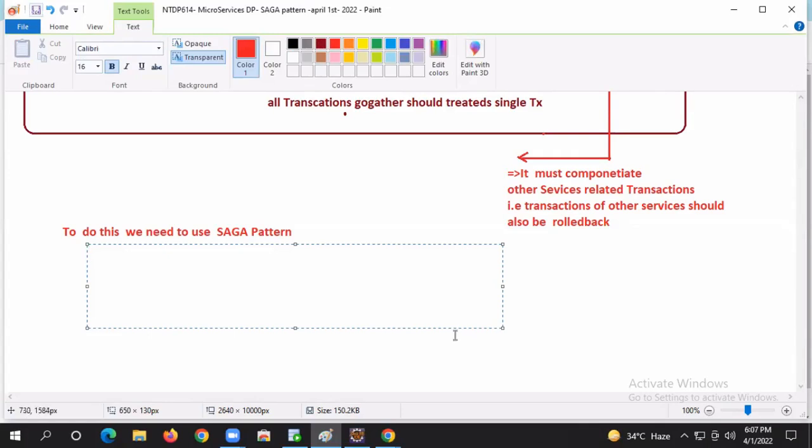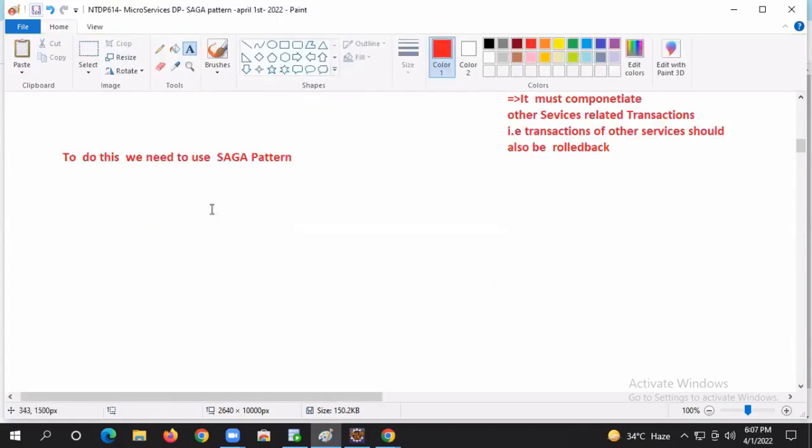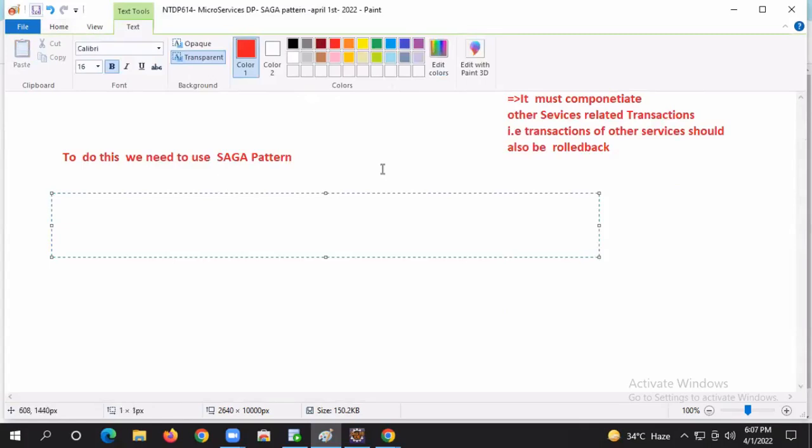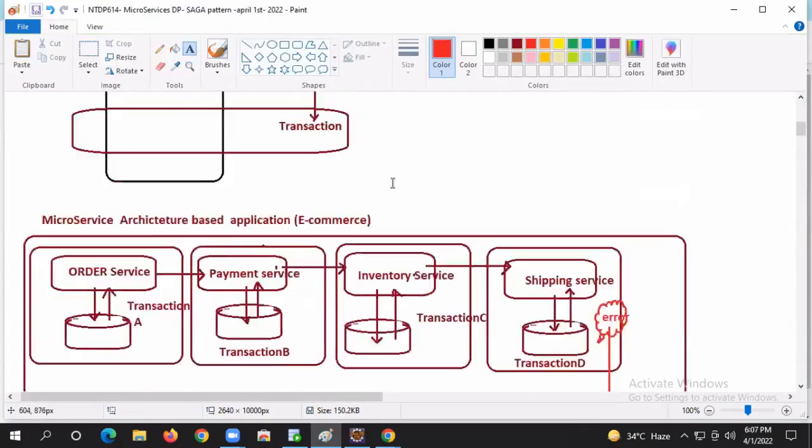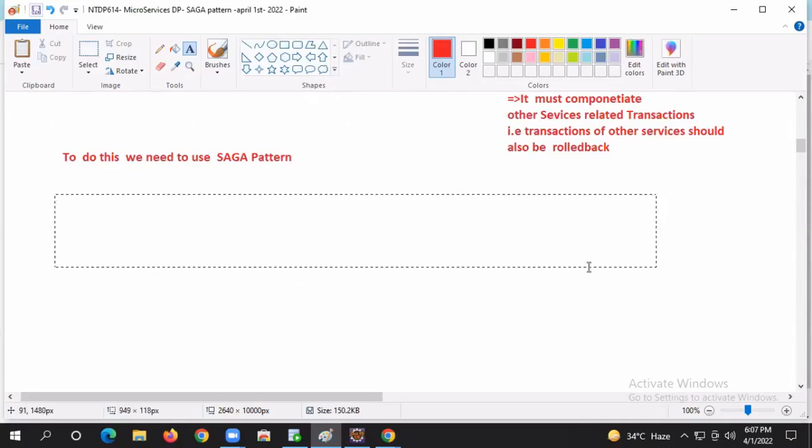Sir, what is the difference between SAGA pattern and distributed transaction? Okay. Right.